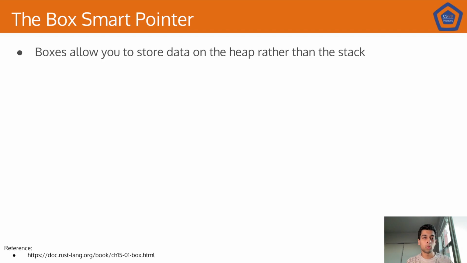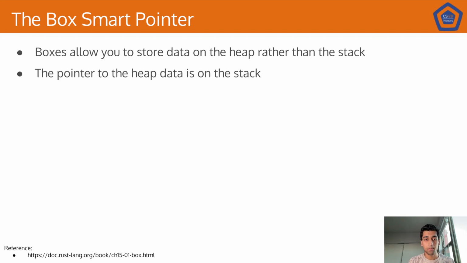So we'll be using the box smart pointer when you're implementing linked lists in homework 8. Boxes allow you to store data on the heap rather than the stack. This can be extremely powerful if you don't know the exact size of the data when putting it on the stack. The pointer to the heap data is on the stack, your box is on the stack, but the data inside the box is on the heap.